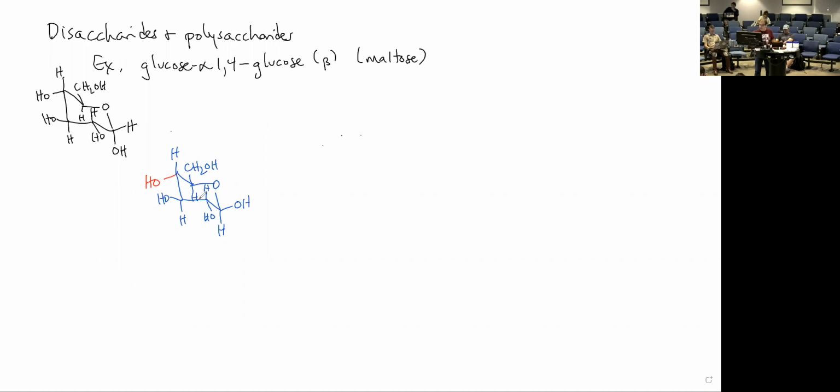And all we're going to do is connect up this red OH group where that OH is. We're going to do the very same thing that we just did with methanol, except it's going to drag this whole big molecule along with it.